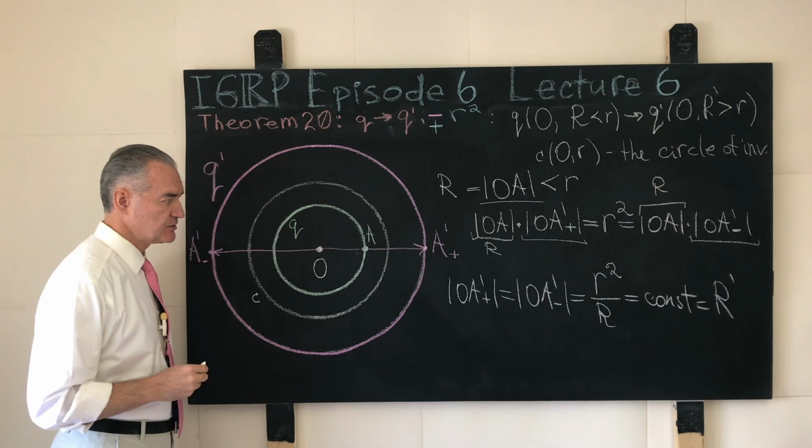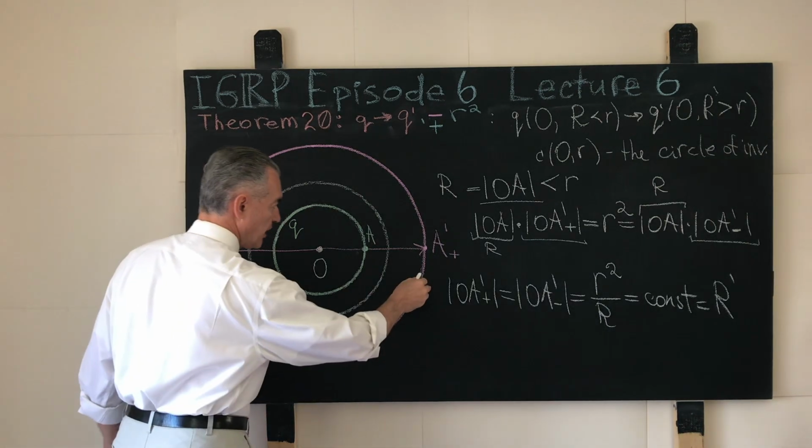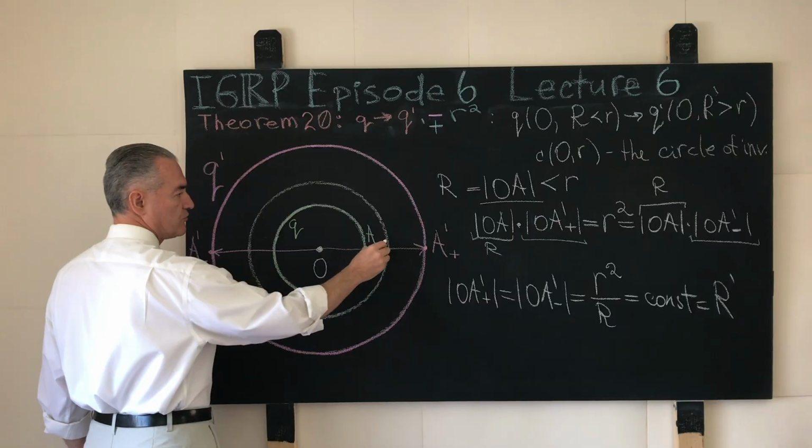This is the radius of the circle that is located strictly outside of the circle of inversion.